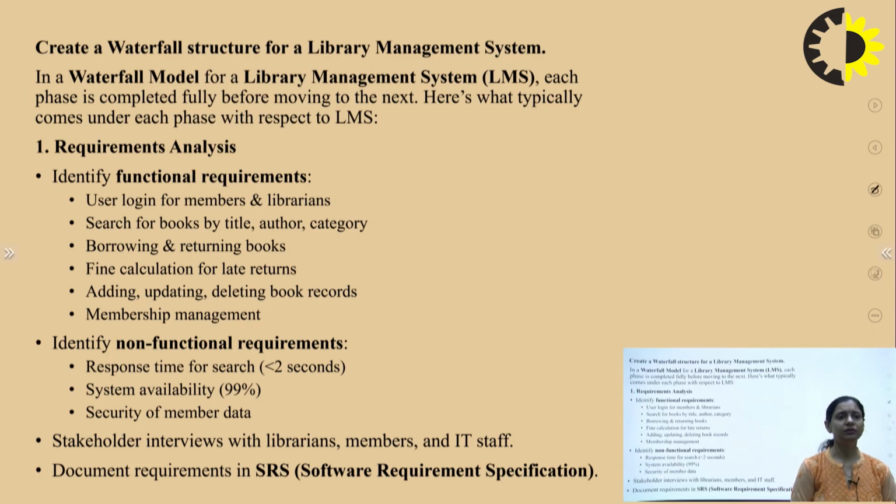We have two types of requirements, the functional requirements and the non-functional requirements. The functional requirements are all those which talk about the functionality of the software. Non-functional requirements are not related to the software directly, but they do impact the software, such as the response time, the availability of resources, the cost effectiveness, all those things.